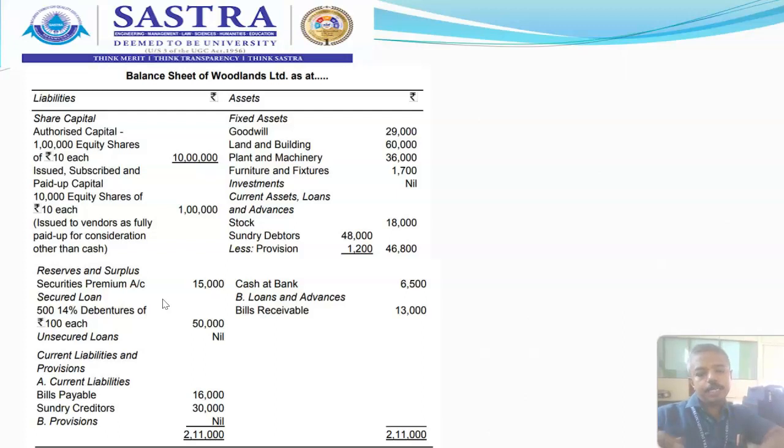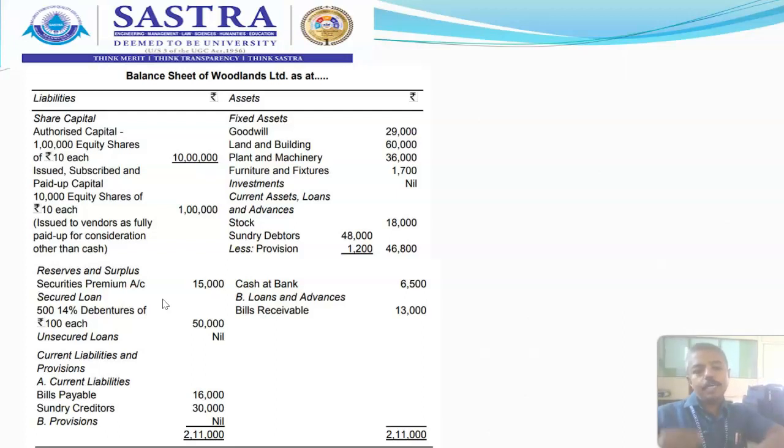Before that, let me explain why this has been kept in order. As per Schedule 3 of the Companies Act, the balance sheet has to be presented in a particular order. That's why it is not taken from the balance sheet as it is. It is kept in a different order because it is the order defined under Schedule 3.